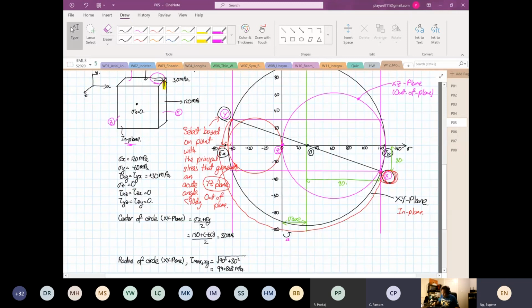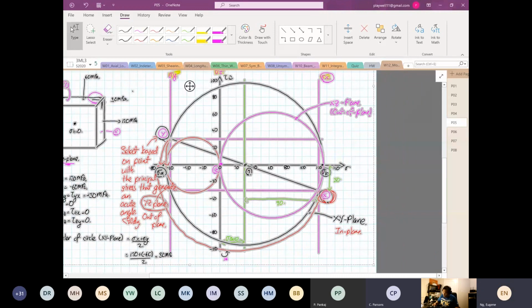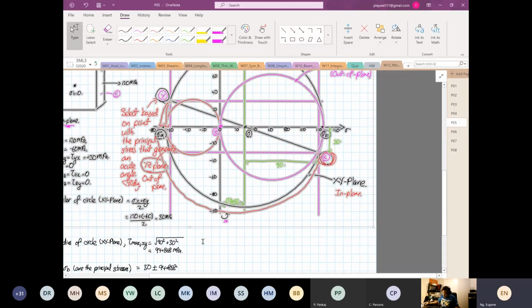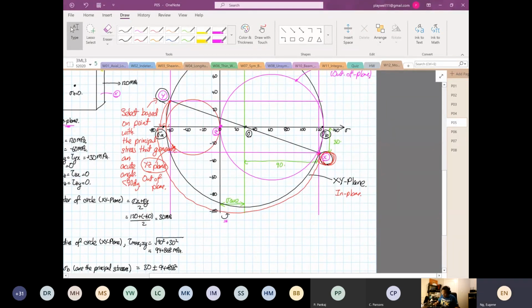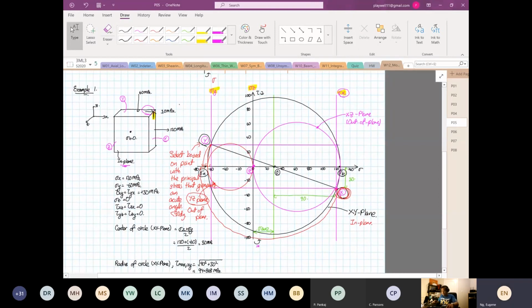Now, are they both supposed to touch the principal stresses? Yes, they have to. So that is how you construct your 3D Mohr circle.